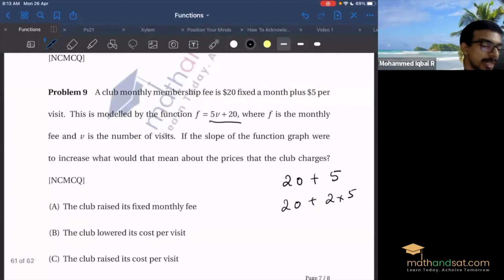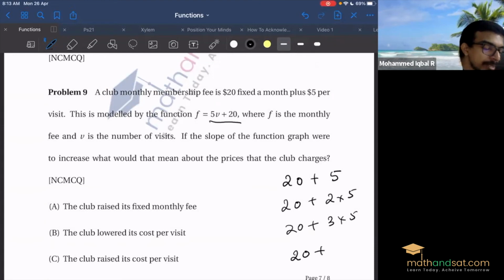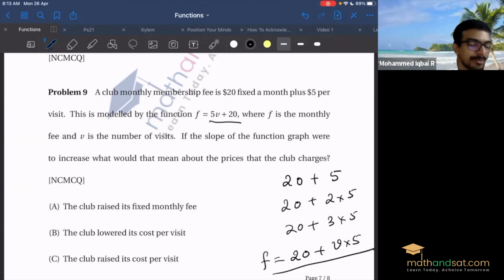If you're visiting 3 times, it will be 20 plus 3 times 5. And if you're visiting V number of times, it will be 20 plus V times 5. This will be the fee you have to pay: 20 plus 5V, where F is the monthly fee and V is the number of visits.